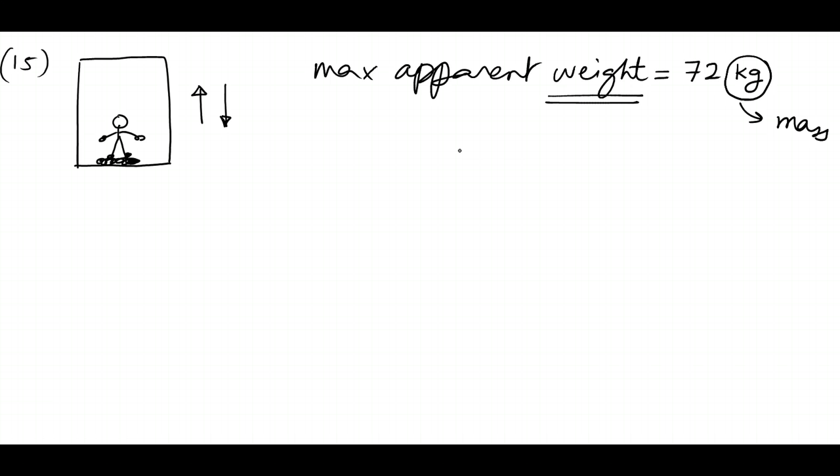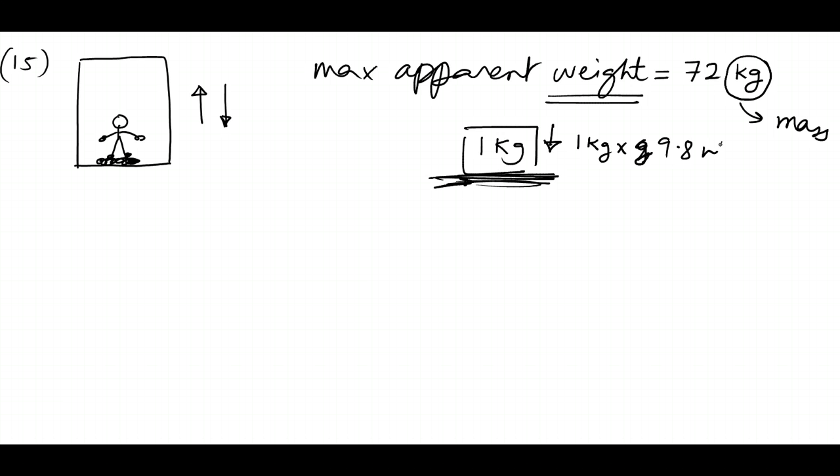For example, if a mass of 1 kilogram is put on top of a weighing machine like that, and the weighing machine is placed on the ground, then the weighing machine would show a mass or a weight of 1 kilogram, because that's the way the scale is calibrated. But in reality, the weight which is being measured by the weighing machine is 1 kilogram multiplied by g, which is 9.8 meters per second square.